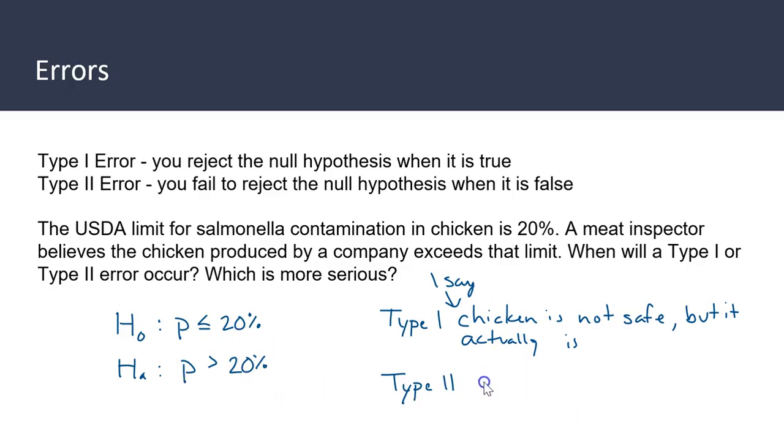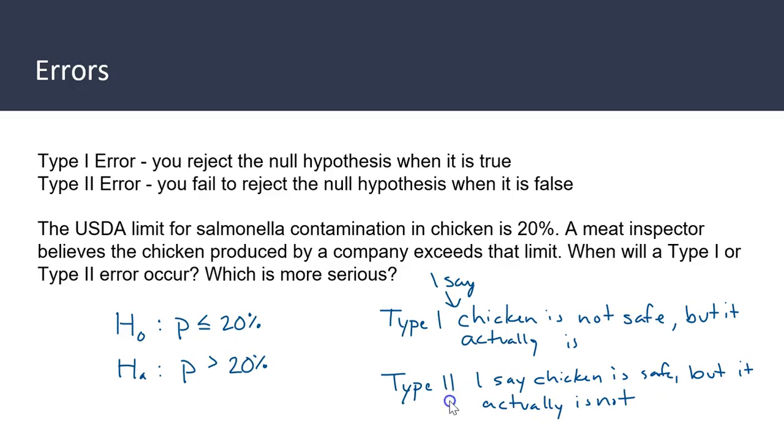So I say the chicken is safe. I'm going to fail to reject, I'm assuming I think this is still true. So I say the chicken is safe, but it actually is not. That is my error. I messed up my testing process somehow, and I said the chicken was safe, but it is not. That would be a type 2 error.